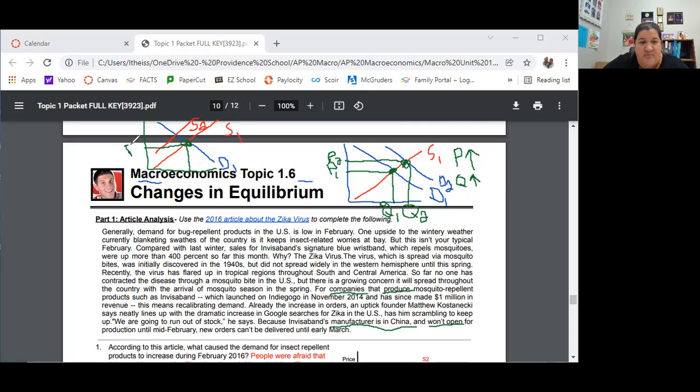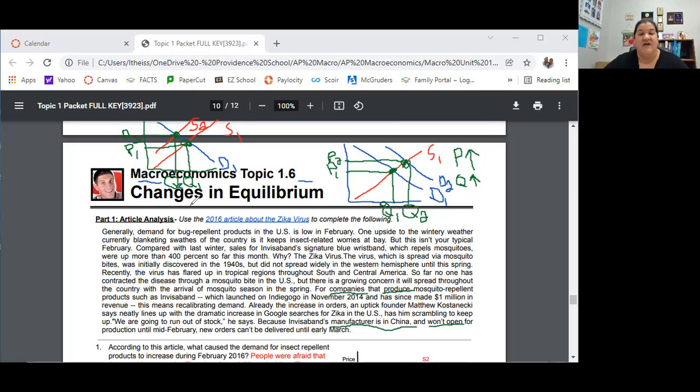So I'm going to label that price 1 and I'm going to label that quantity 1. Well, what happens on my new shifted supply curve? If I look at my point now, price equilibrium is here. There's price 2. And here's quantity 2.